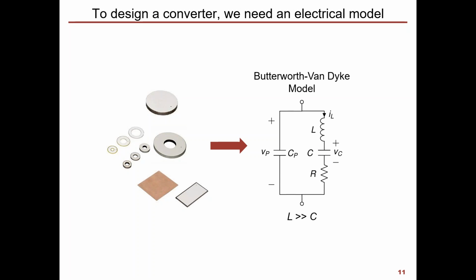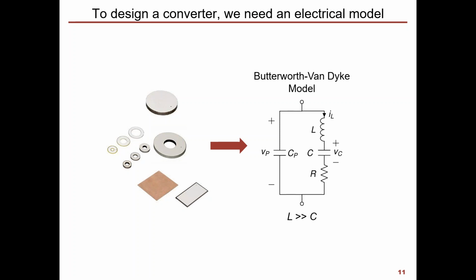So to start, before we can design a power converter, we first need a model for the piezoelectric resonator. So for this, we typically use what's known as the Butterworth-Van Dyke model. It's got a physical capacitance between the piezo's two electrodes, and that's in parallel with an LCR branch.